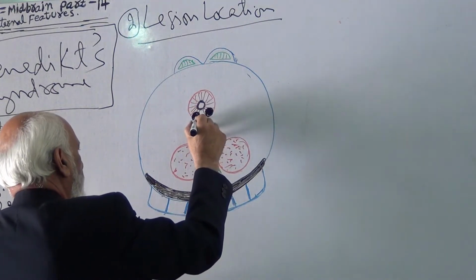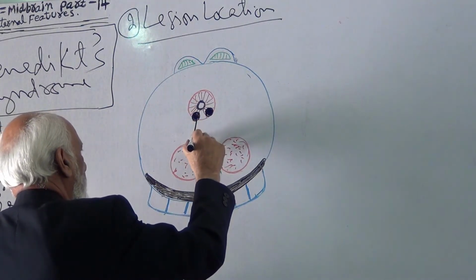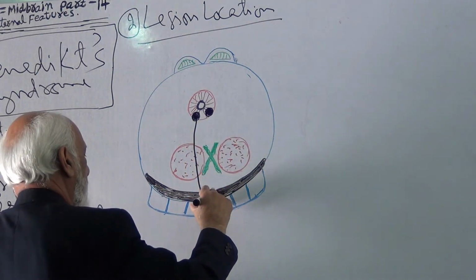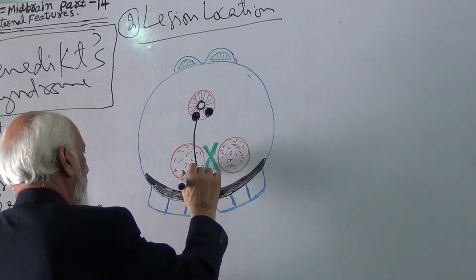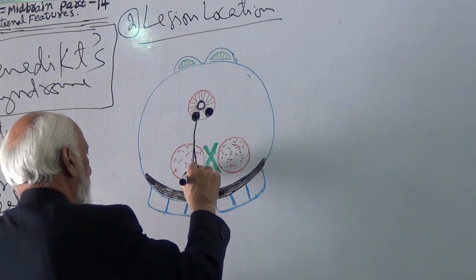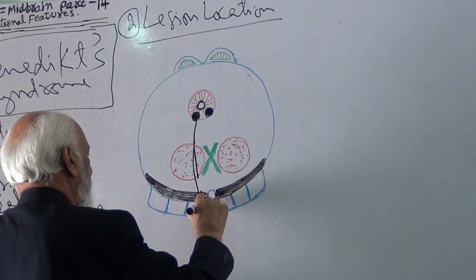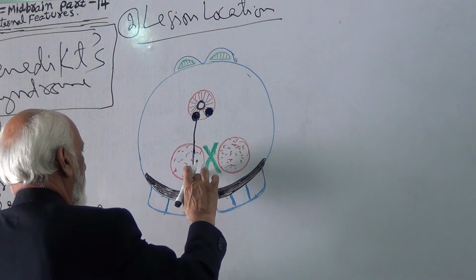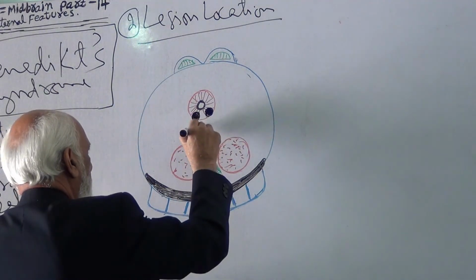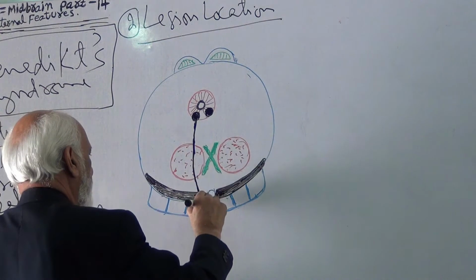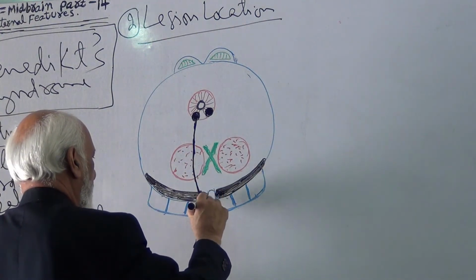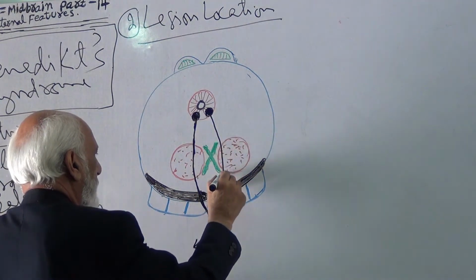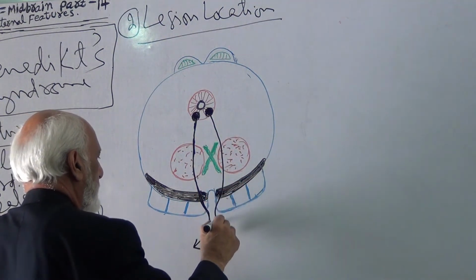The oculomotor nerve fibers pass through the medial part of the red nucleus, substantia nigra, and medial part of the crus cerebri, and have surface attachment to the medial surface of the crus cerebri, right and left oculomotor nerves.